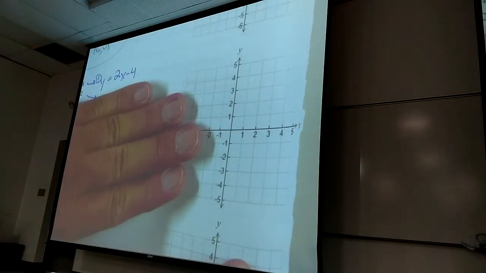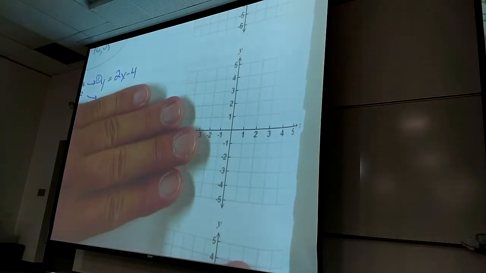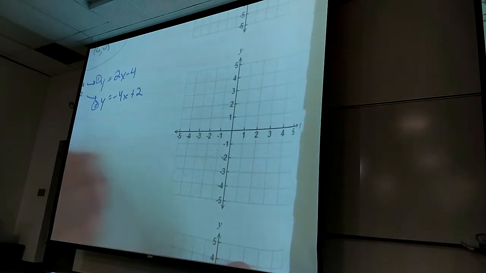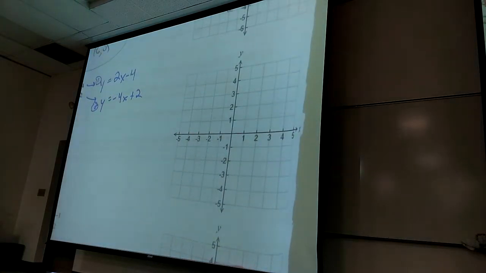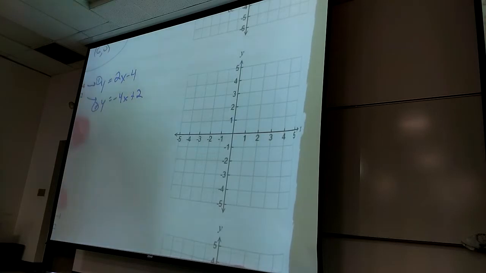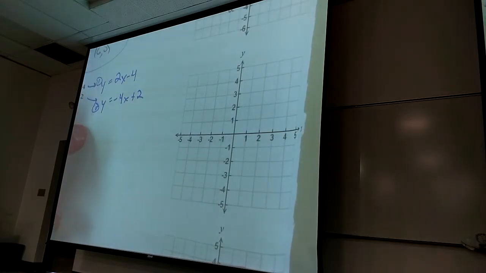There are two parts to this problem to start with, and they're both just graph these lines. That's it. At this point, you need to be able to graph a line relatively quickly.